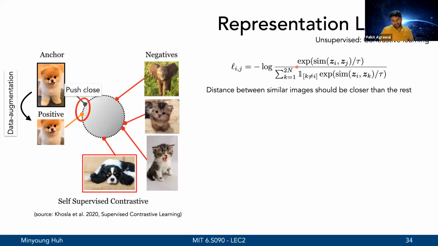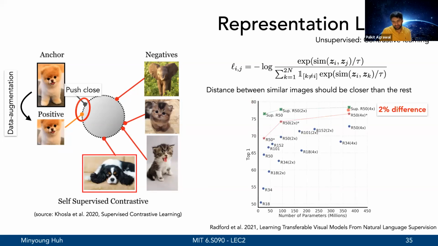So this line of work has been going on for a long time. It culminated in papers like SimCLR, which got really good performance. For example, if you compare ResNet 50 on ImageNet, the gap between using 1 million labeled images versus not using any labels was only 2%.